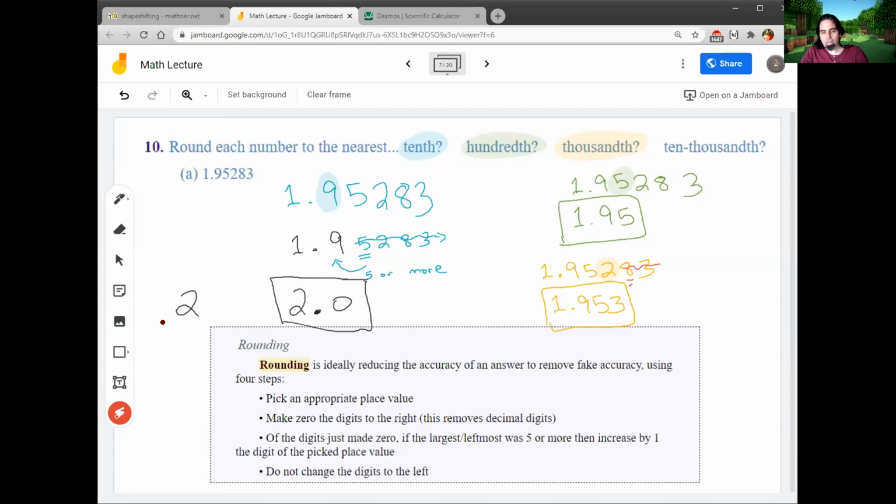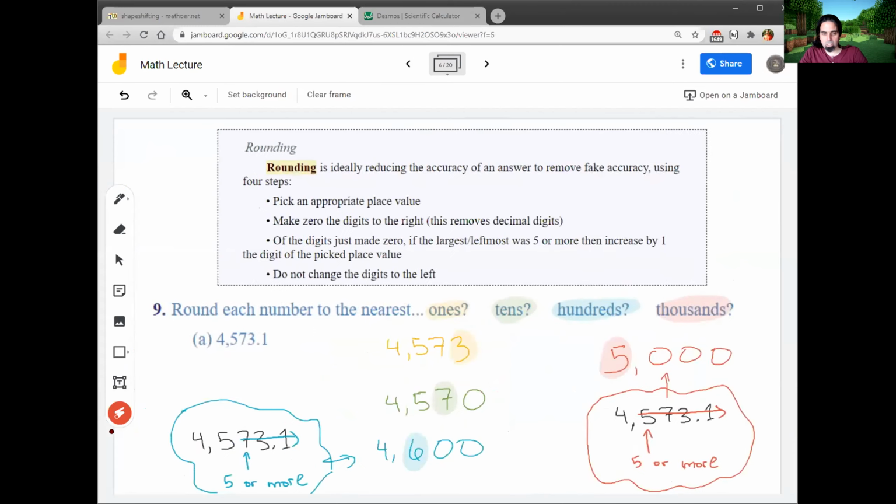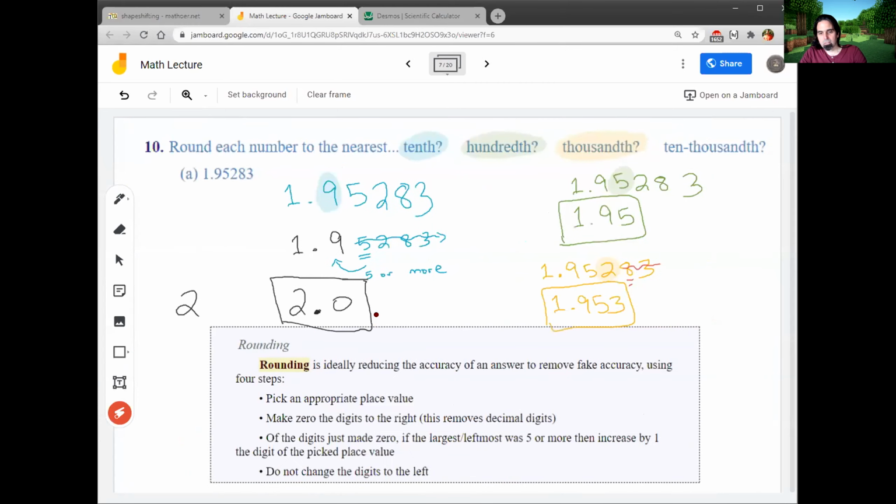Okay, I want to step back for a moment. I'm writing things different on purpose. On this slide, I put my scratch work off in a cloud on the side. On this slide, I sort of did steps going down. You can write things how you want. When I'm writing things, if I'm talking about decimals, I want to keep my decimal points lined up.